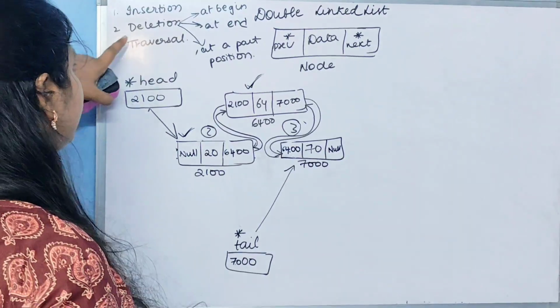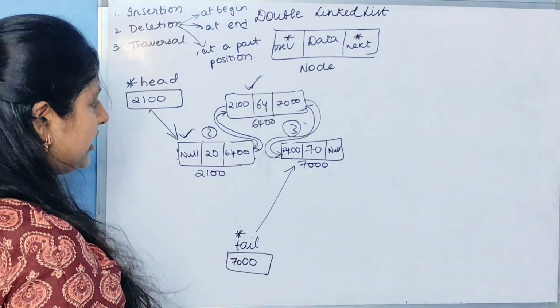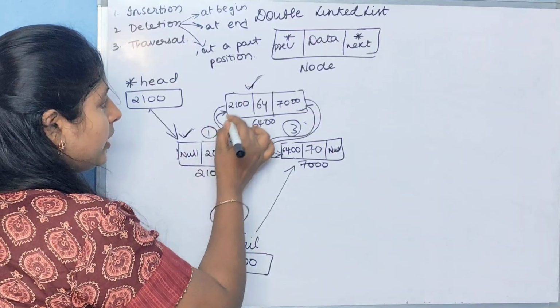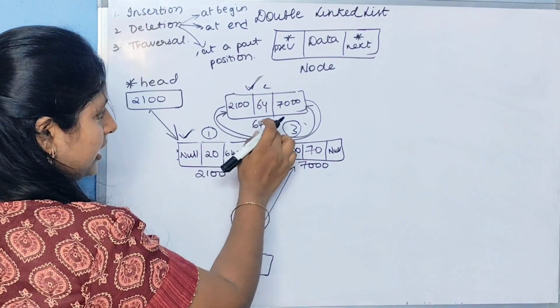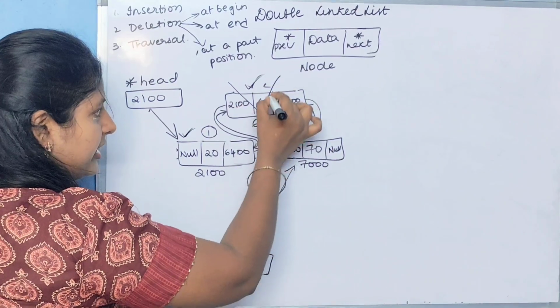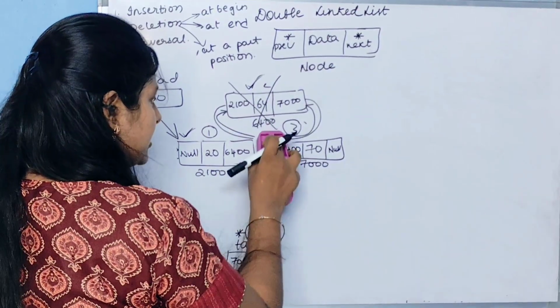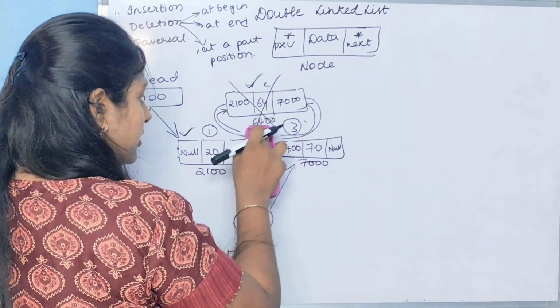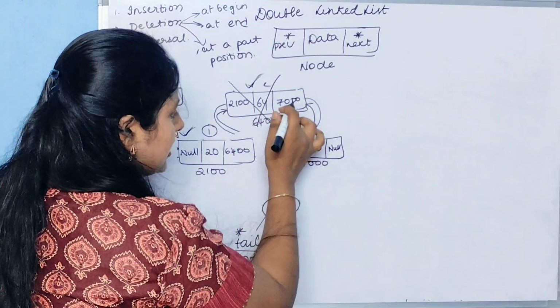Now let's see deletion at a particular position, right? Now I want to delete the element at the second position, right? I want to delete this element. Now this element gets deleted, right? Now the connection between these elements gets removed and this thing is deleted, right?